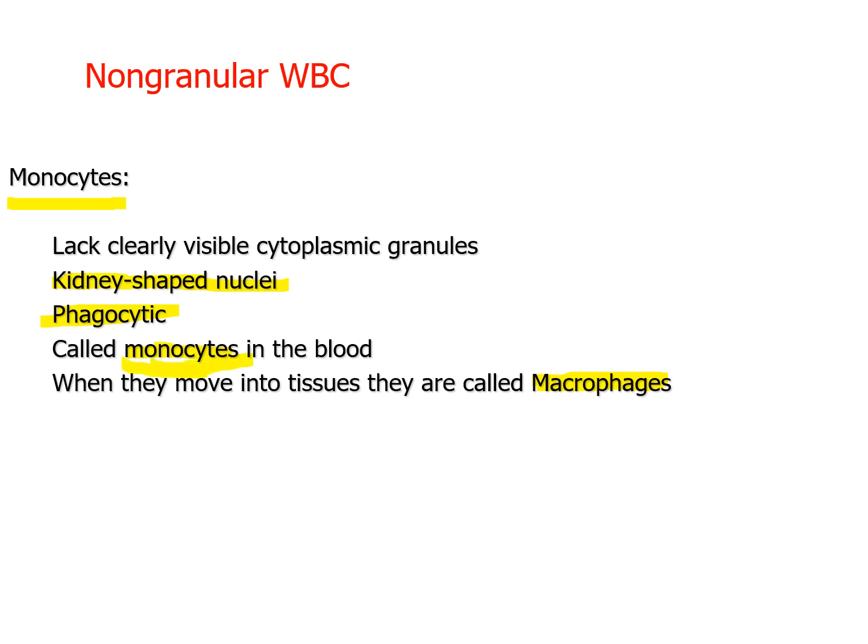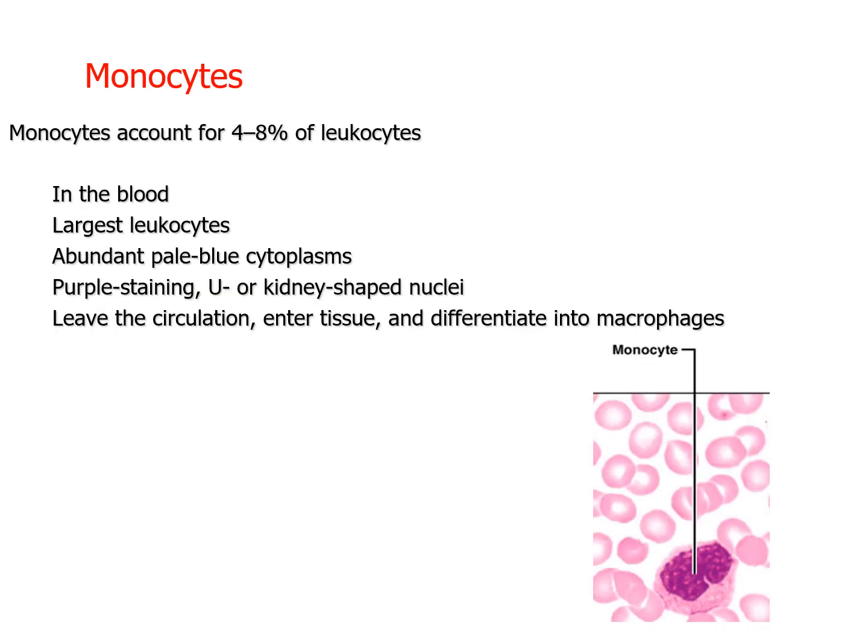And quite often you'll see these cells referred to, and I'll refer to them quite often, as monocyte slash macrophages. Very commonly found in all kinds of tissues, and the bloodstream as monocytes, and in all kinds of tissues as macrophages. They are roughly 4 to 8% of the white blood cells.